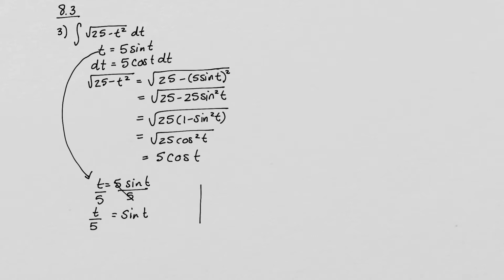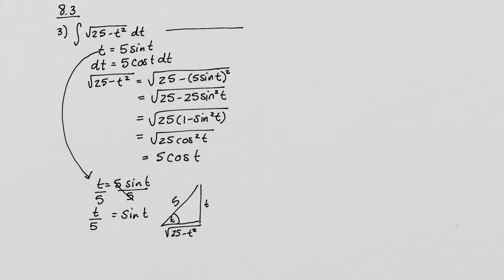So I can draw a triangle here. Here's t. The sine is the opposite over the hypotenuse, so t over 5, and then if you use the Pythagorean theorem, the other side comes out to be the square root of 25 minus t squared.